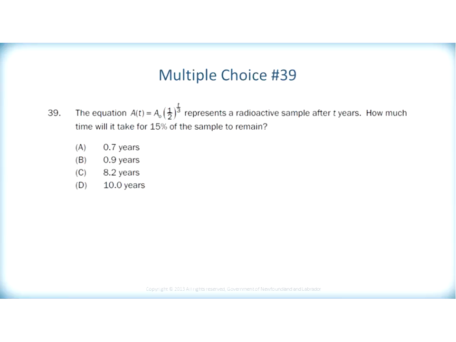The equation A of t equals the initial amount times 1/2 to the power of t over 3 represents a radioactive sample after 2 years. It's a half-life. How much time will it take for 15% of the sample to remain?